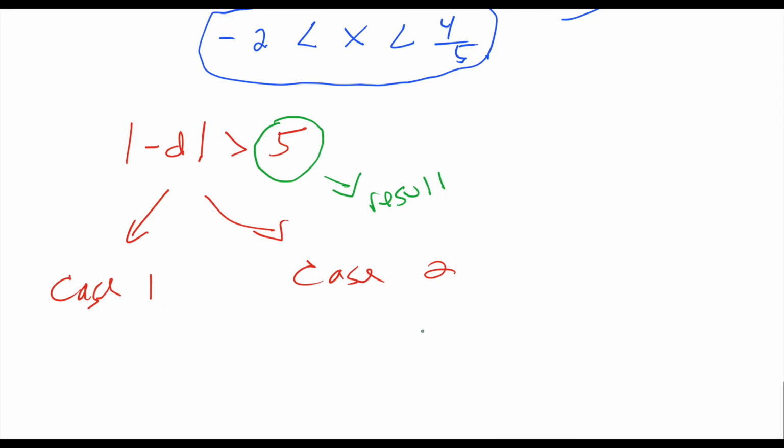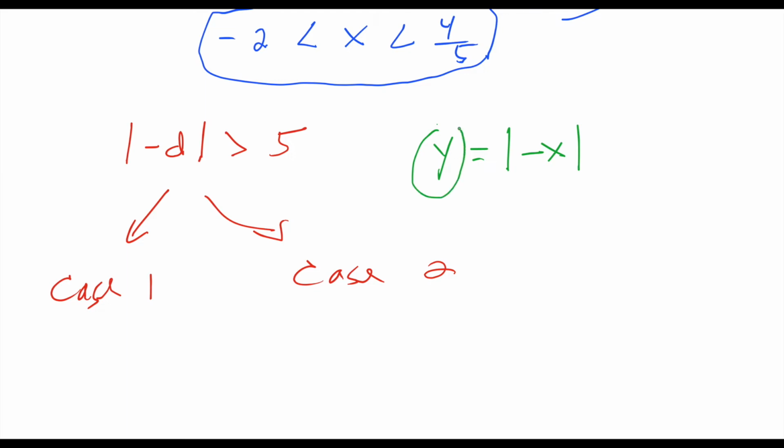I used to get really thrown off by things like y equals the absolute value of negative x. But this part right here is what you really want to think about as being positive.